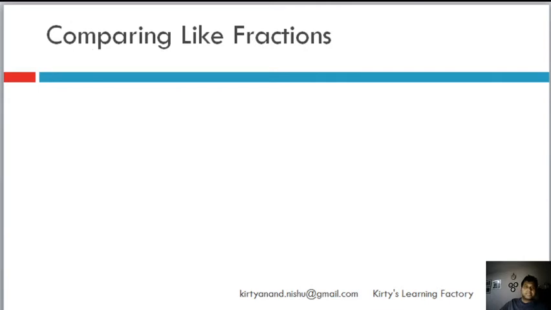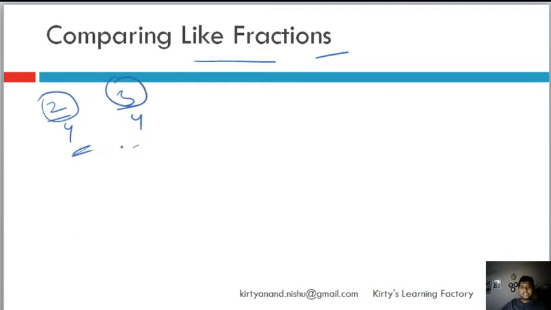Now comparing like fractions. What are like fractions? Let's go back and quickly revise the concept. Like fractions are fractions in which the denominator is the same. So if we have to compare like fractions, for example 2 by 4 and 3 by 4, we can easily understand that here it is only two parts of 4, but here it is three parts of 4. So these are like fractions.